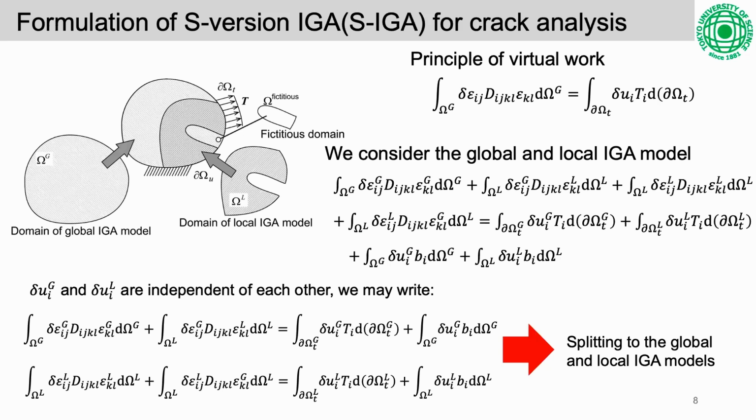And we perform some algebra that is very straightforward, plugging in the superposition of global and local displacement fields. Then we can separate the equation for the global model, associated with variations of displacement of the global model, and another associated with the variations of displacement of the local model only. Okay, that is very simple.